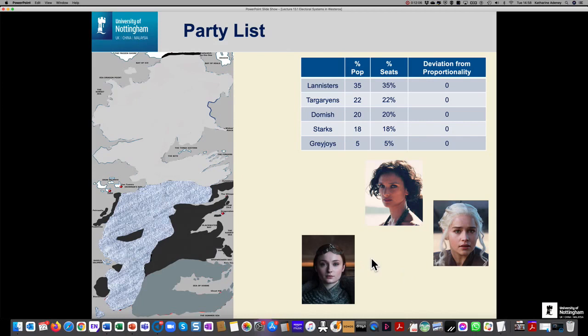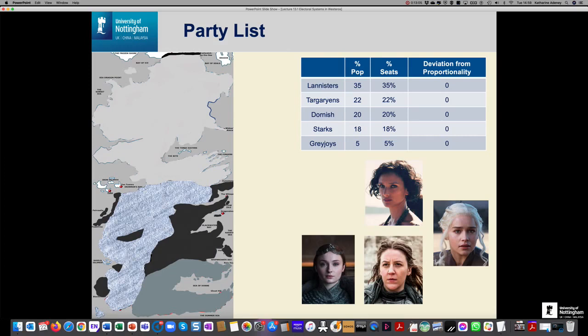If they wanted to be particularly inclusive, they could also include the Greyjoys within that coalition. But generally we know that people try to have a minimal winning coalition if they can, because that means they don't have to distribute the spoils of government so widely.